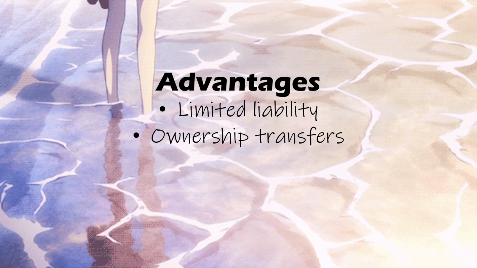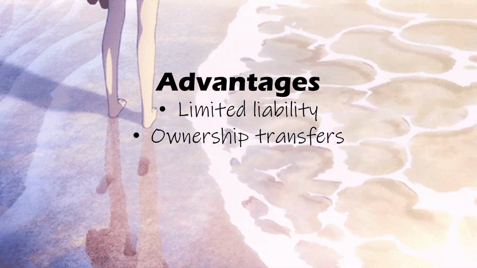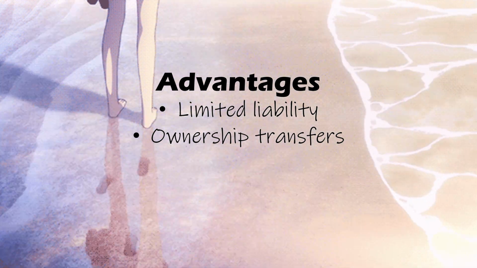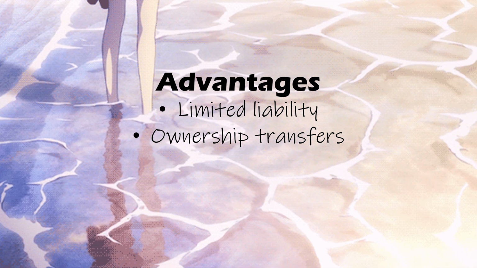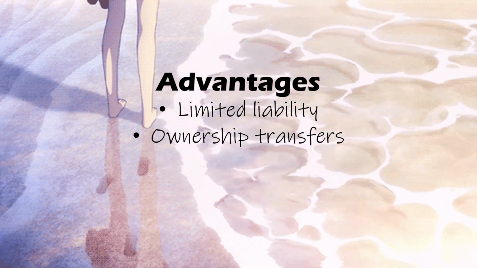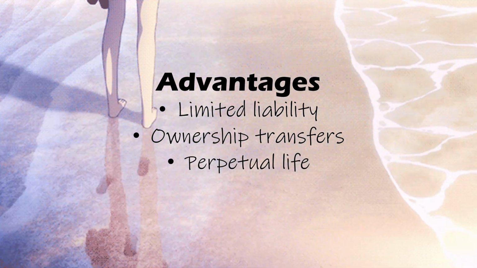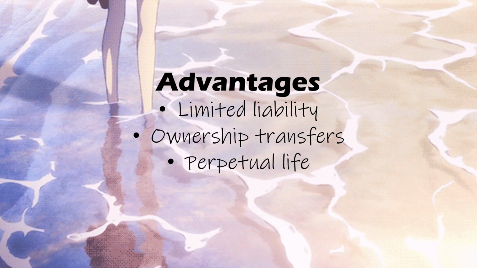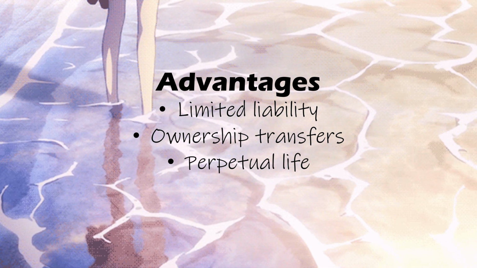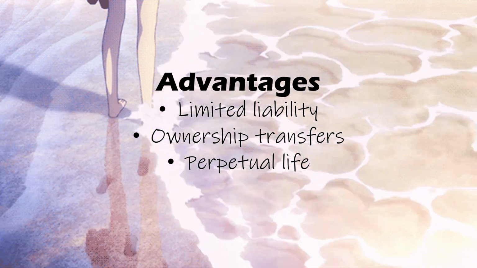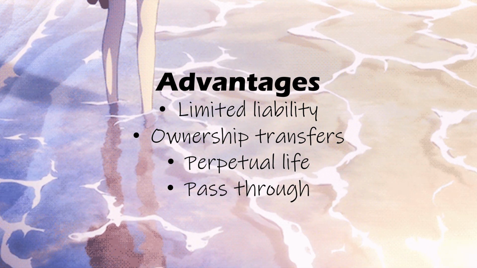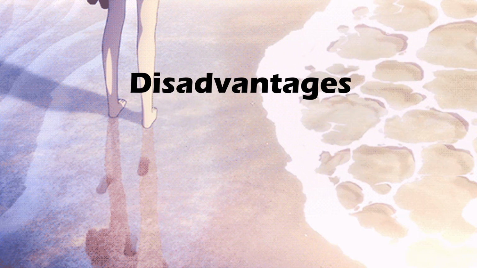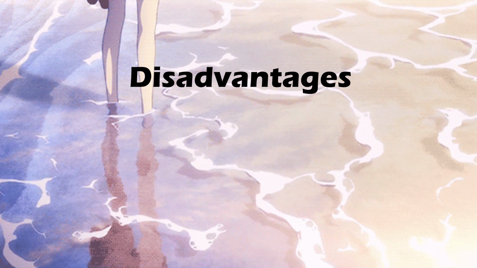The ownership transfers, wherein the shareholders can sell shares in a corporation, but it is restricted in a privately held corporation. Next, the perpetual life, where there is no limit to the life of a corporation since the ownership of it can pass through many generations of investors. And lastly, the pass-through.